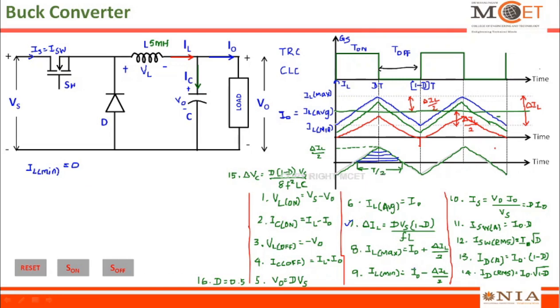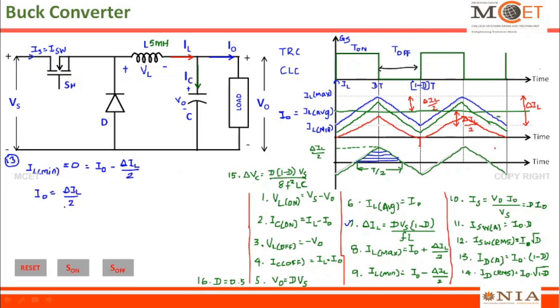Already we have calculated the inductor current minimum value, expression number 9, which is given by I0 minus delta IL by 2. So this is the derivation number 13. If I equate this expression to 0, I will get I0 is equal to delta IL by 2.